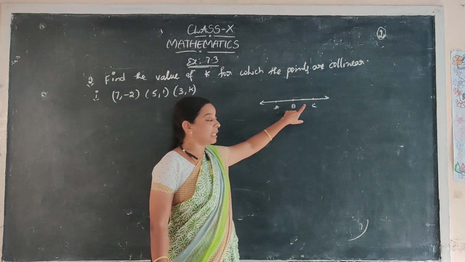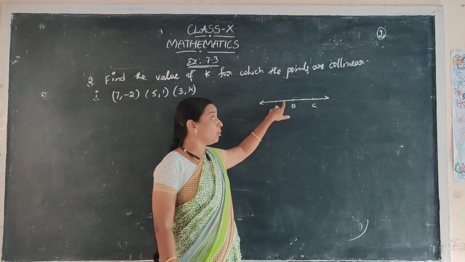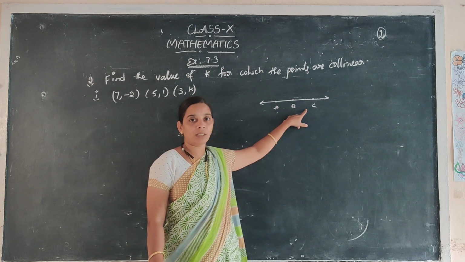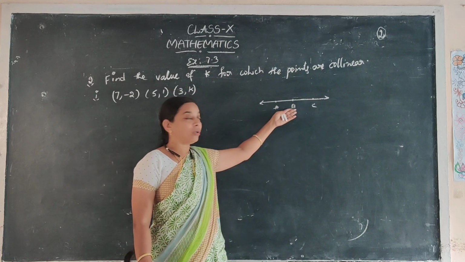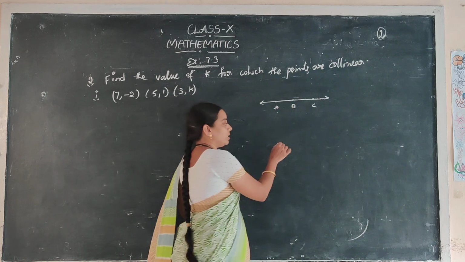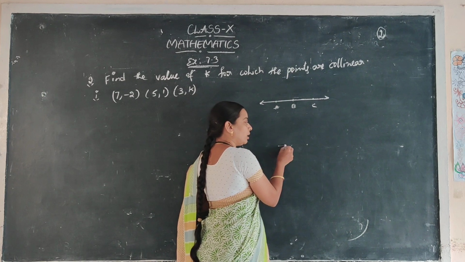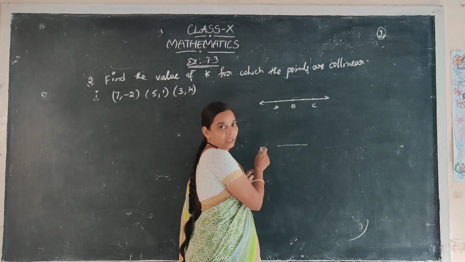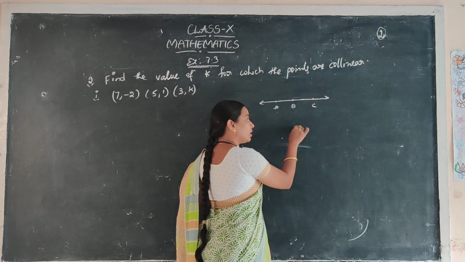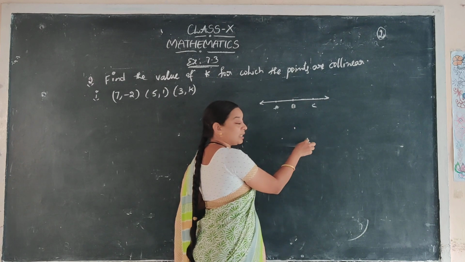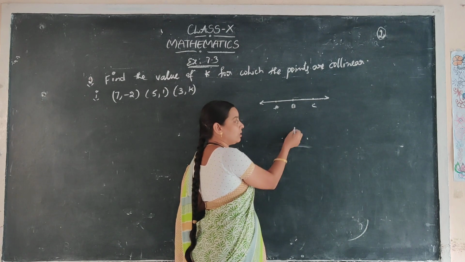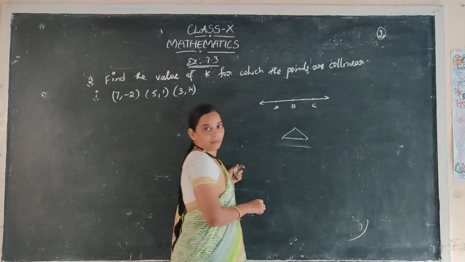Suppose these are on the same line, are you able to draw a triangle using these vertices? You can't draw it, because by joining these 3 you will get only a single line. Suppose those 3 points are not all on the line, then you can draw a triangle.